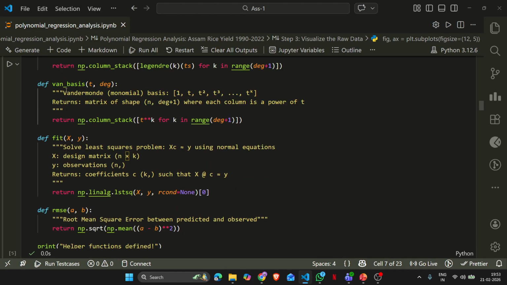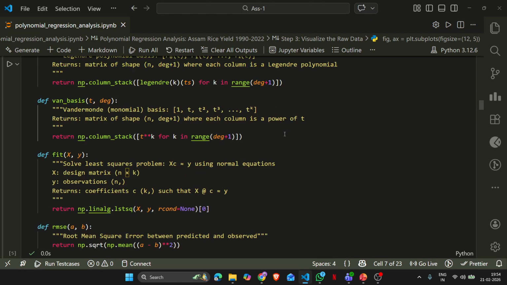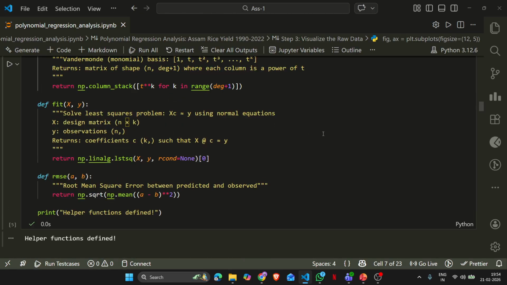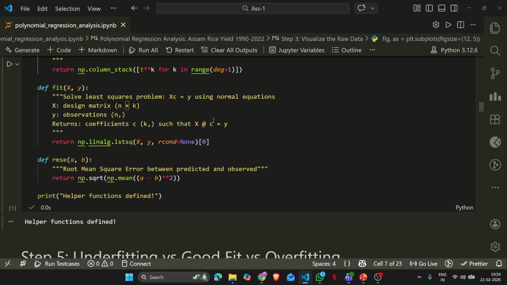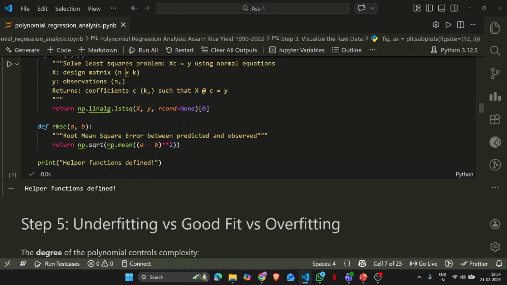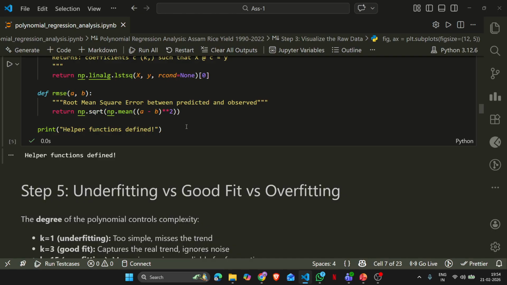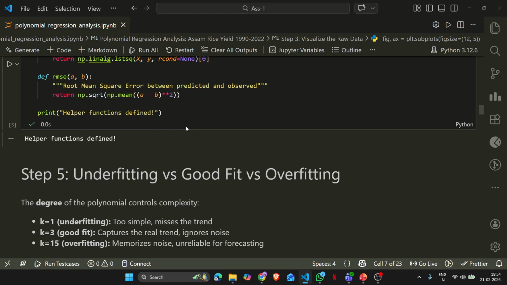And this is the Vandermonde basis, which is nothing but the monomial of degree dg. And then this is the fit, which would use linear algebra to fit the model. And this is the root mean square error, which would be used to check numerical stability.